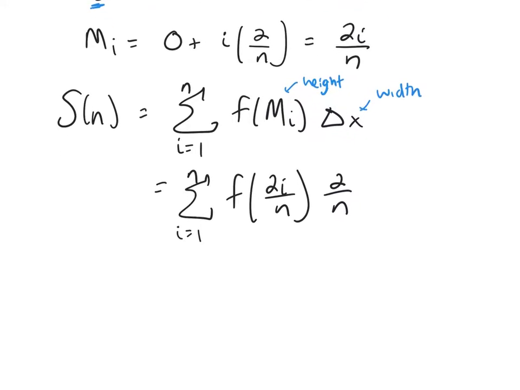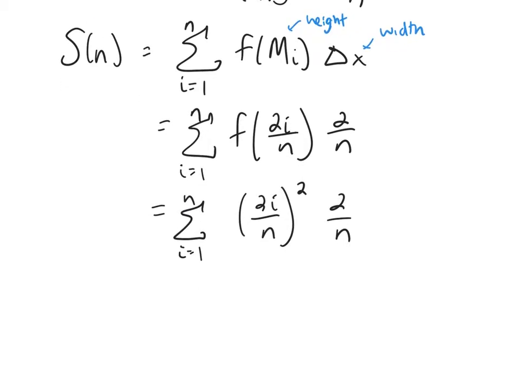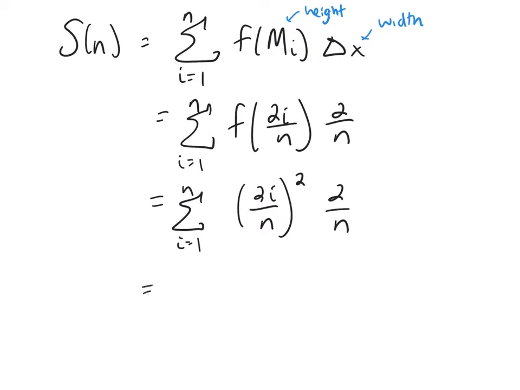And then what was my function? It was x squared. So I can now square 2i over n. So really, this becomes the summation from i equals 1 to n of 2 cubed over n cubed, i squared.